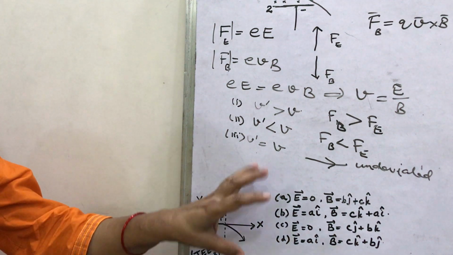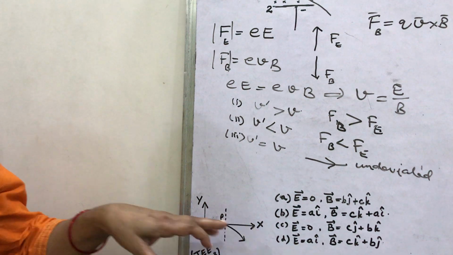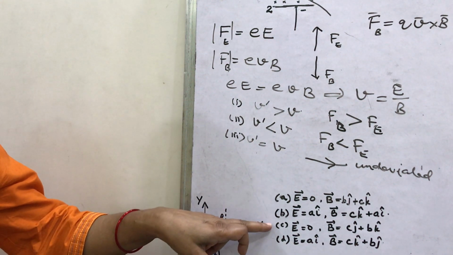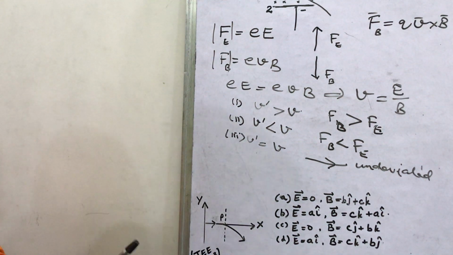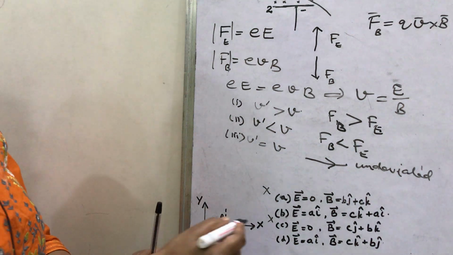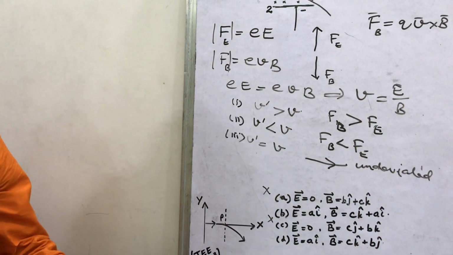By the elimination method, which two options are incorrect? Since the electric field is along the x-axis, A and C are not correct, because here the electric field is 0. So A and C will not be the possible answers.